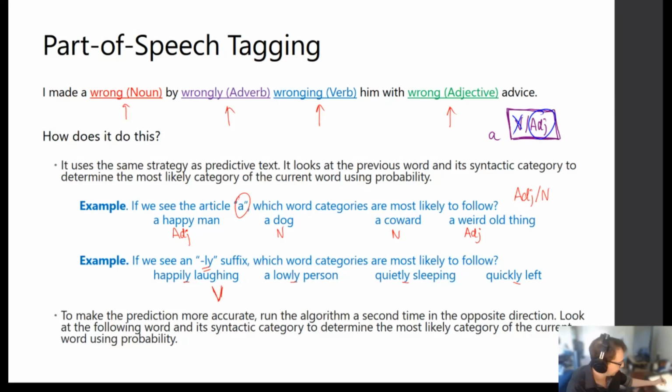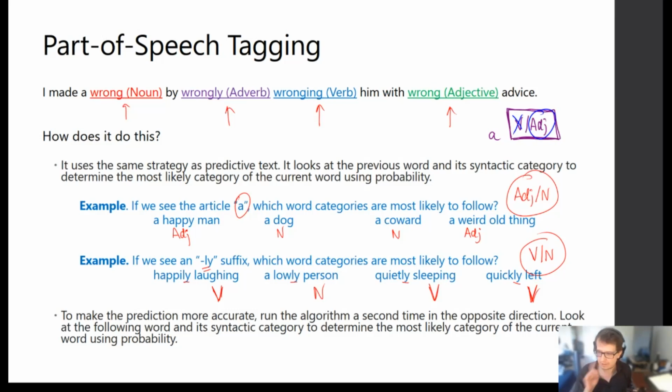Lowly person, you could have a noun there, that's possible. Quietly sleeping, sleeping would be a verb. Quickly left, that would be a verb. So if you see an ly suffix, then you're probably going to have a verb or maybe a noun. So computers can use this information to help make predictions about what word categories are going to be.